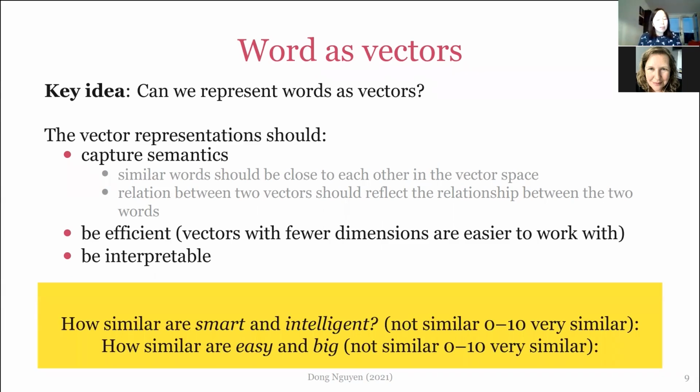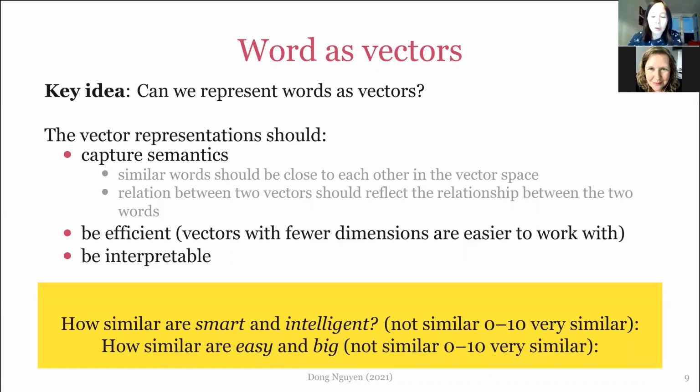So one way to test the quality of these vectors is comparing them with human judgments, right? So, for example, we could ask a group of people, how similar are smart and intelligent on a scale of 0 to 10? Or how similar are easy and big?